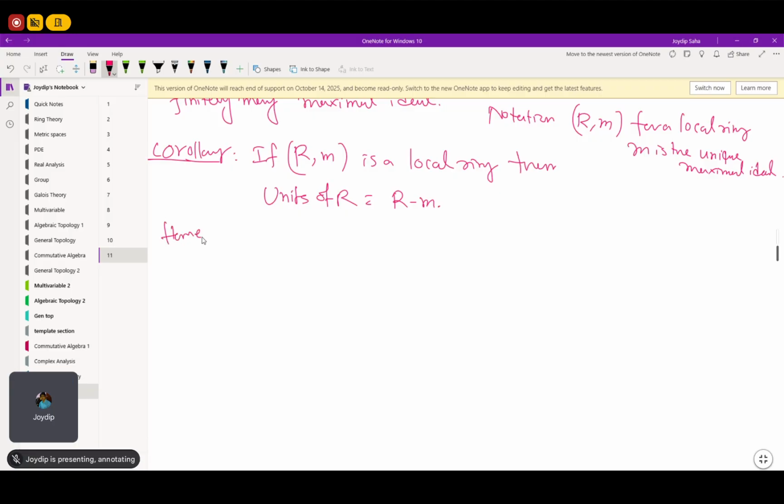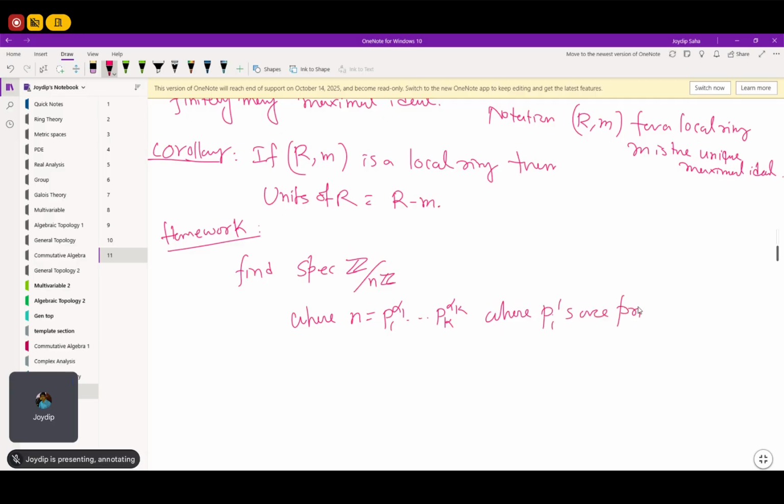Okay. Homework. Find Spec of Z mod nZ, where n equals p_1 to the power alpha_1 through p_k to the power alpha_k, a prime decomposition. Here p_i is a prime number. From here, at first you compute this.